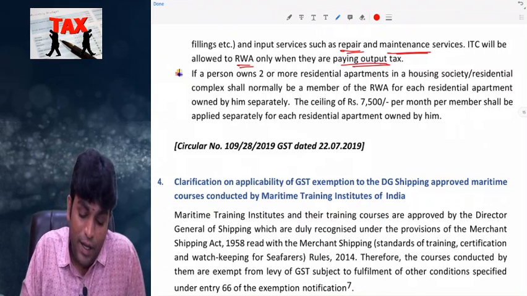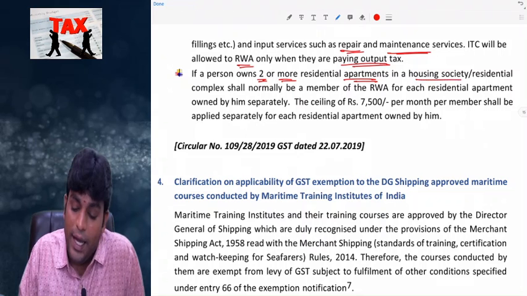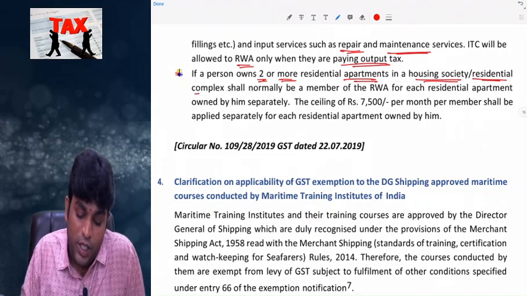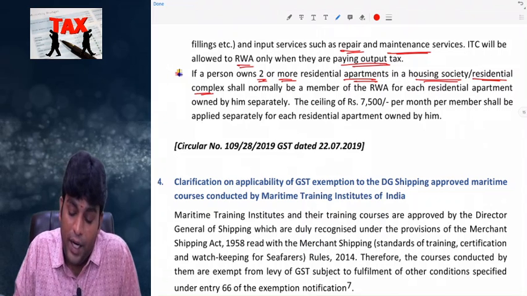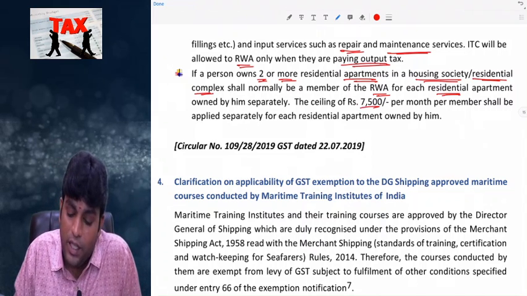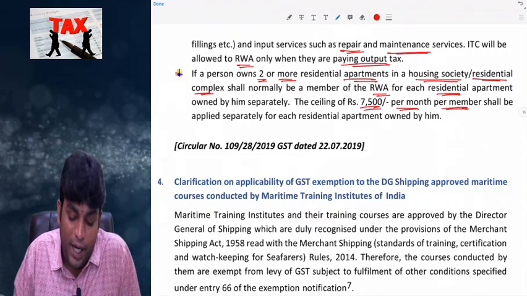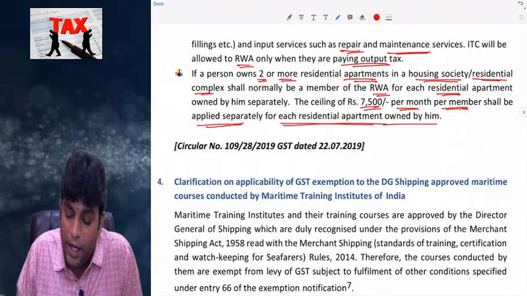Next. If a person owns 2 or more residential apartments in a housing society or residential complex, he shall normally be a member of RWA for each residential apartment owned by him separately, and the ceiling of 7,500 per month per member shall be applied separately for each residential apartment owned by him.